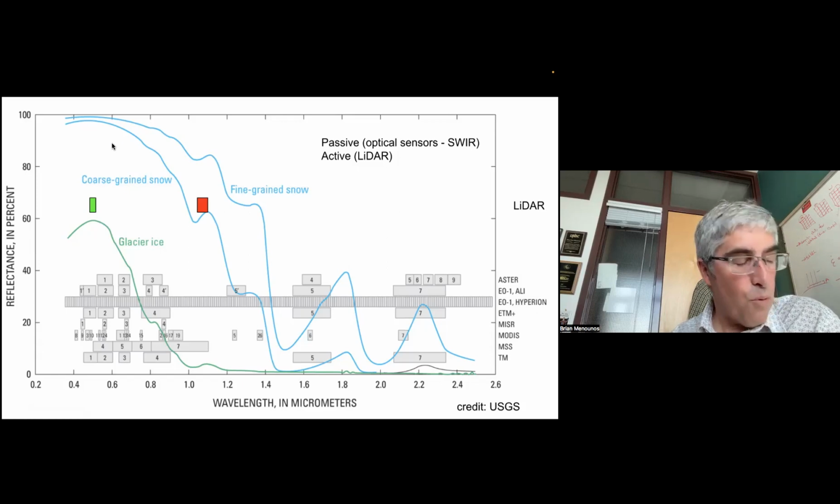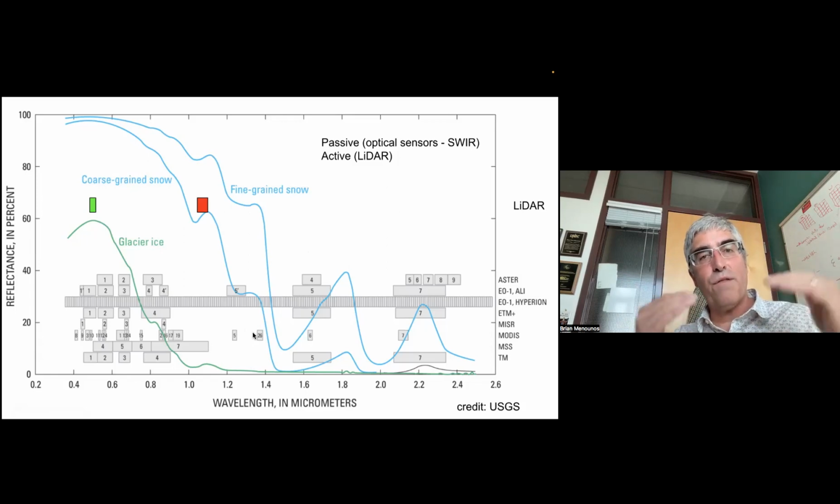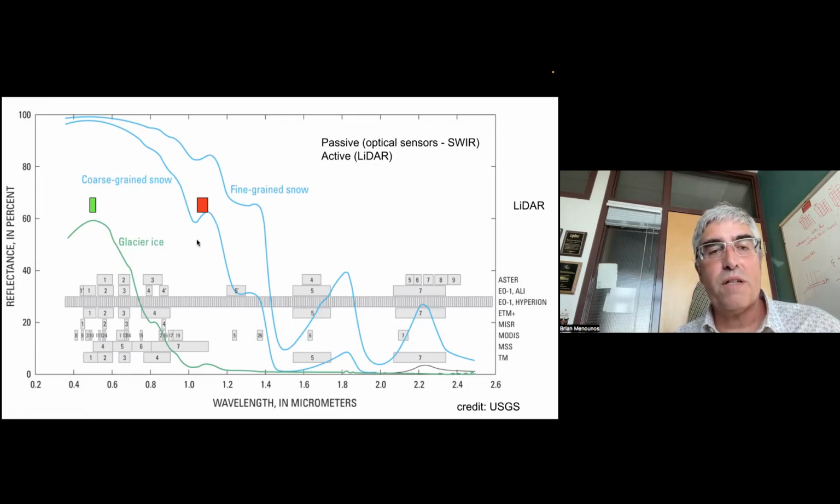So that portion that we can actually see with our eyes. Another advantage is that when we get out to the longer wavelengths, the shortwave infrared, snow gets optically dark. And so we can use that difference to effectively map out where glaciers exist.